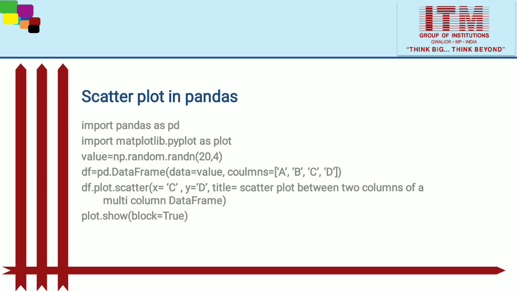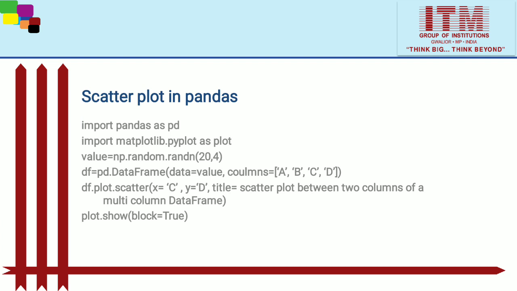In value we have np.random.randn, and in that function I pass 20, 4. Now what is the use of this function? By using this syntax we will get values randomly.